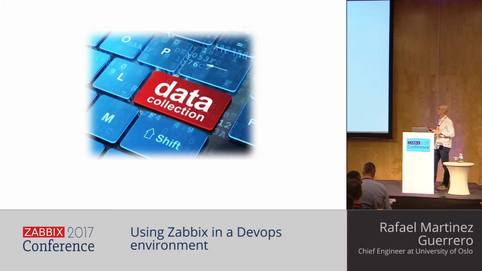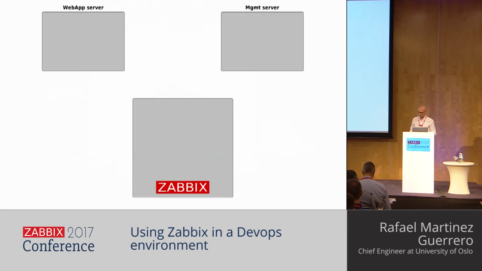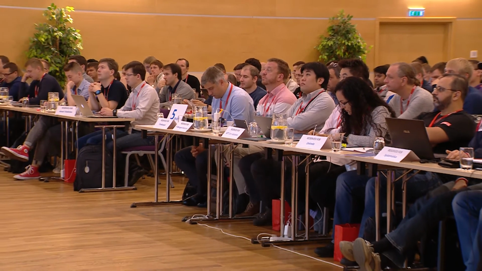So that's what we have to do. We have to collect the data we have in all these servers. And here comes the tricky part, because Zabbix doesn't know where all these applications are running. We know the applications that are out there. We know the components and the instances every application has, but we don't know where they are running.